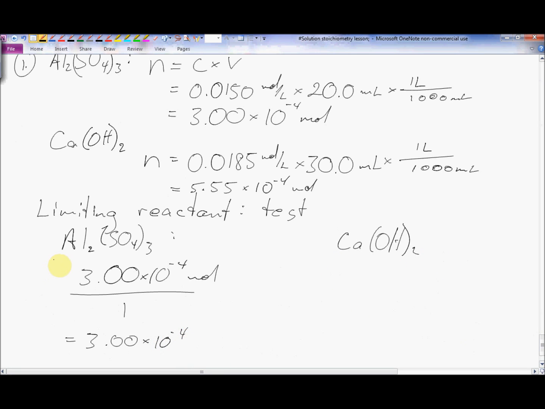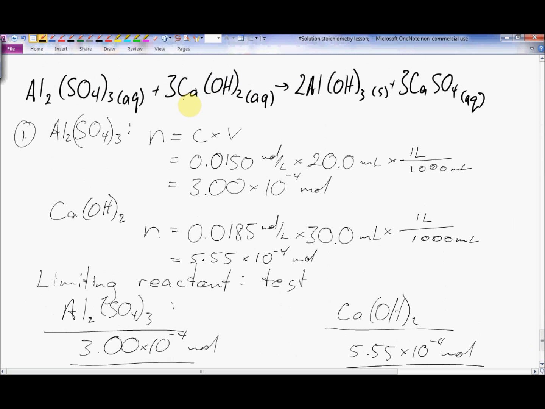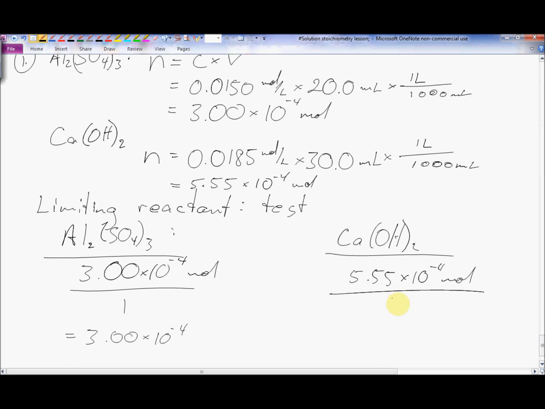For calcium hydroxide, we have 5.55 times 10 to the negative 4 moles. Divide it by the coefficient for calcium hydroxide, that's going to be 3. And that works out to be 1.85 times 10 to the negative 4.